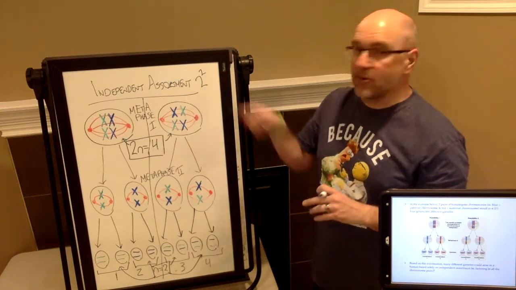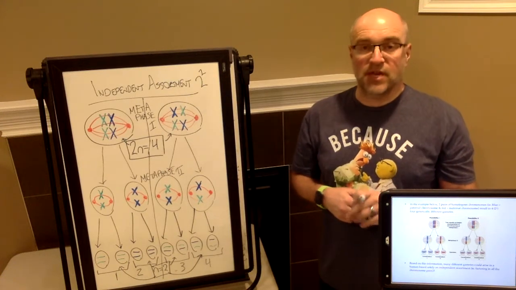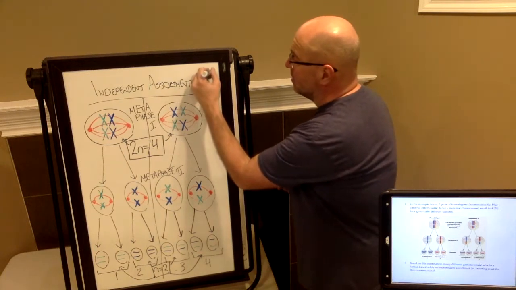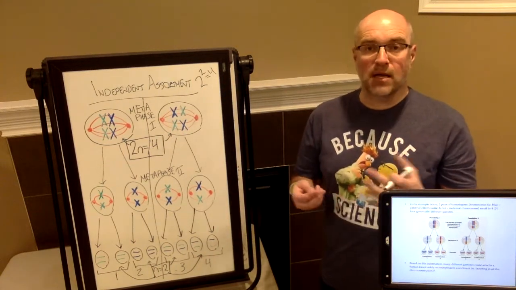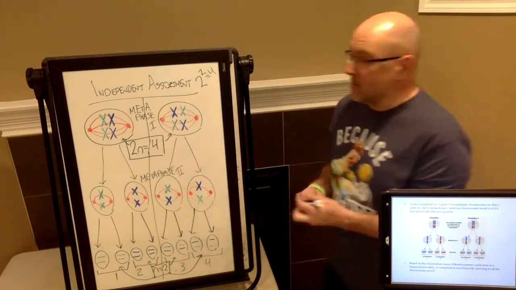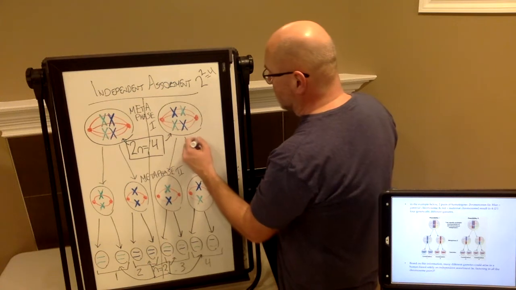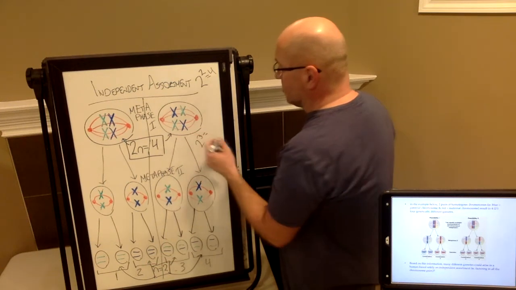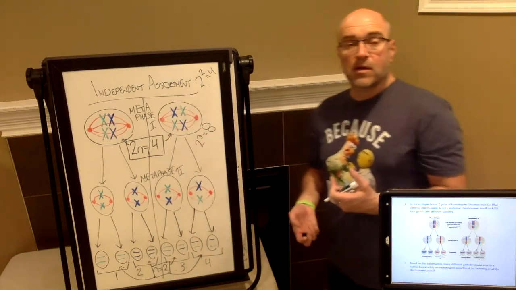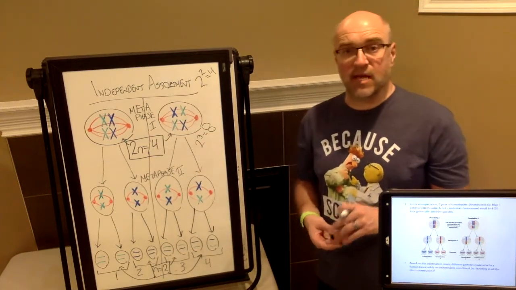Because there are 2 pairs of chromosomes, we're just going to take 2 and square it. In this case, my answer would be 4. Well, what if I had 3 pairs of chromosomes? What if I had a cell that was 2n equals 6? In this case, my genetic combinations are going to be 2 to the third power, which is going to give me an answer of 8, right?